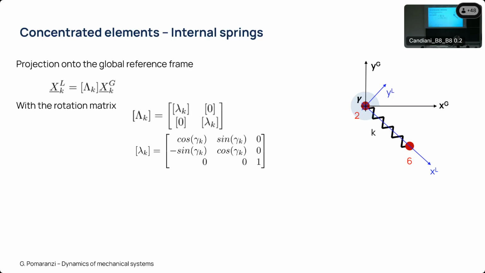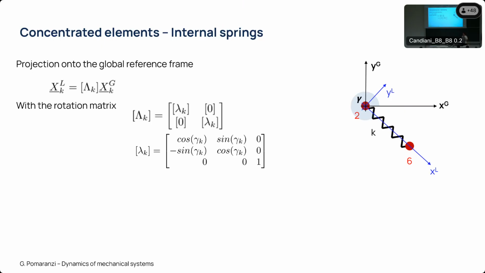Then, since this element is not written in global coordinates because there is a relative rotation between the local and global systems, we have to return from the expression of the potential energy in local coordinates to the expression in global coordinates. So we have to rotate the various degrees of freedom, because the movement of, for example, node 2 in global coordinates will affect both its longitudinal and its lateral displacement.